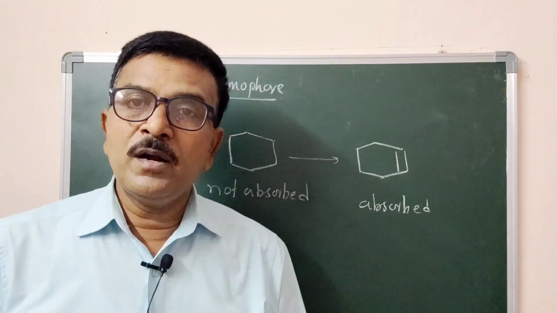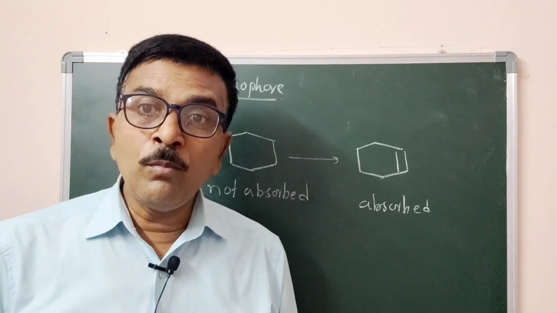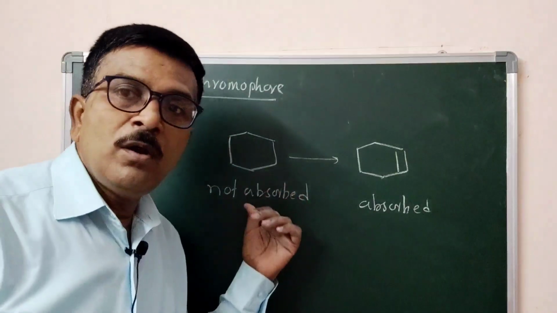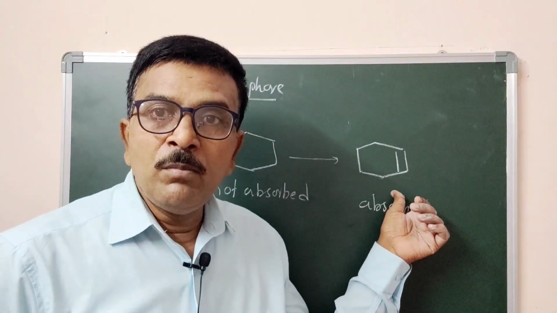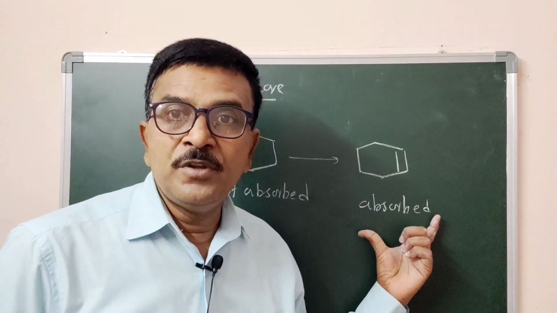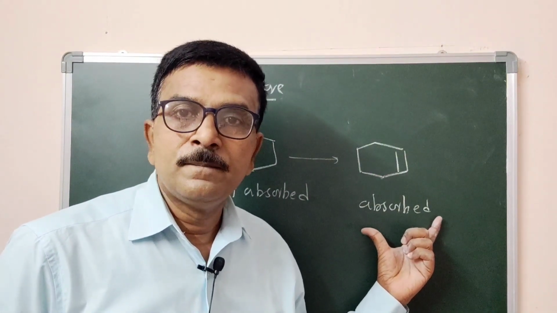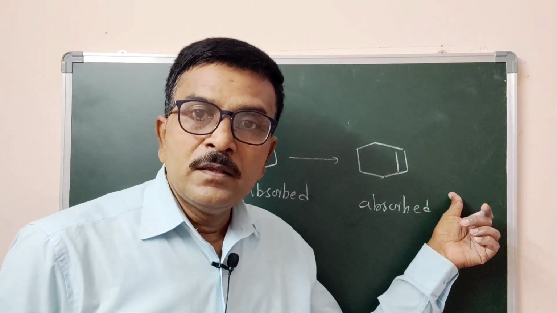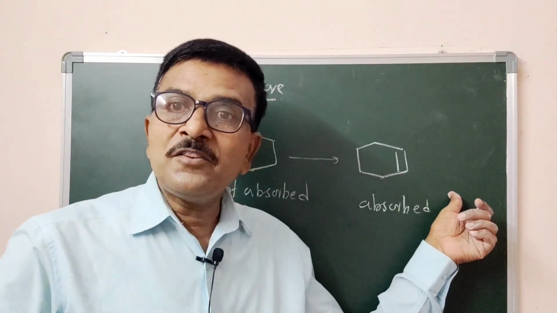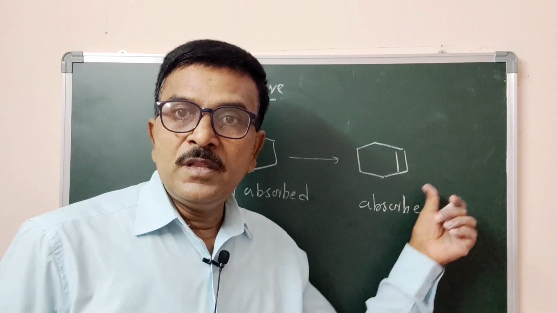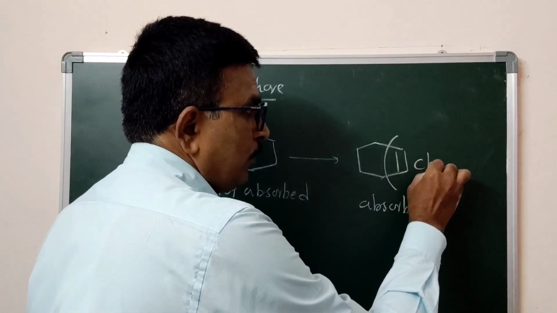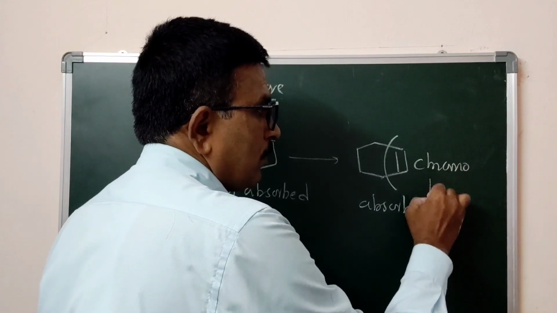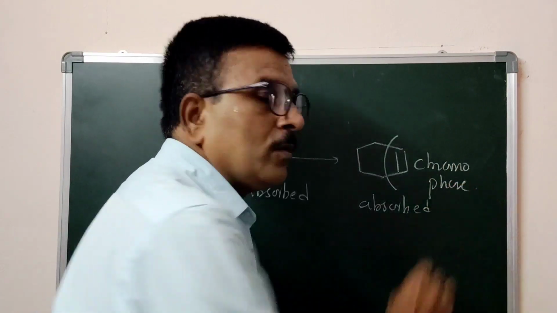So here the double bond is known as the chromophore. Without the double bond, no absorption. Introducing the double bond, the molecule is able to absorb ultraviolet energy. So the presence of the double bond is responsible for absorption, therefore called a chromophore.